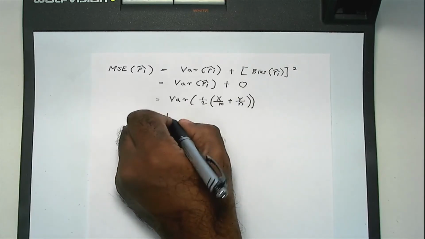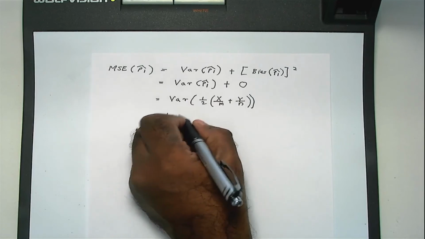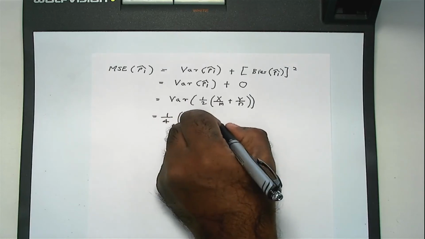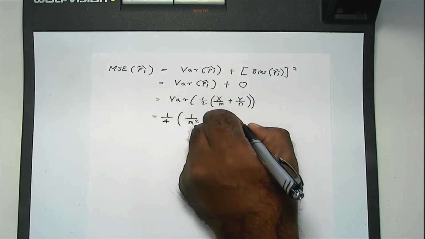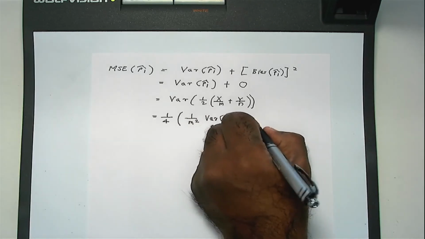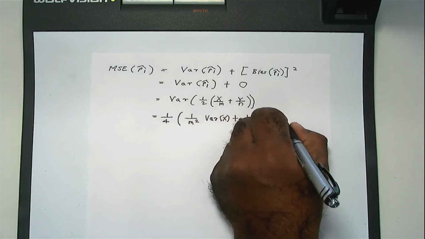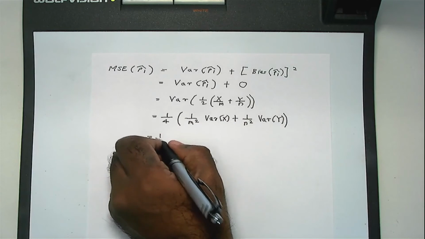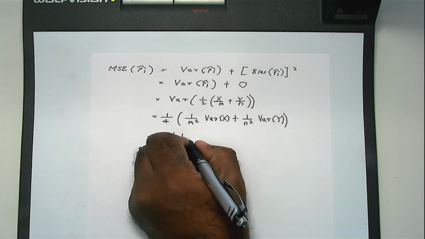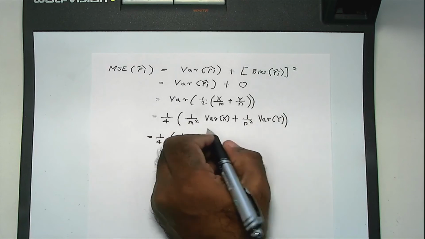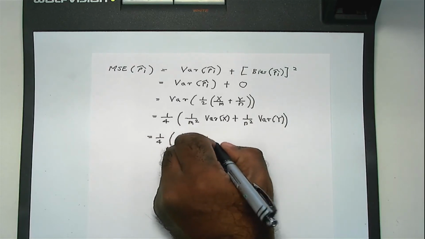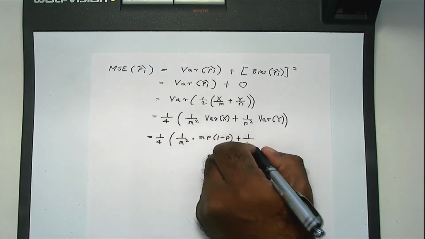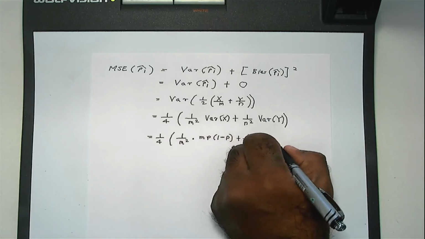So this becomes 1 over 4 in brackets 1 over m squared times the variance of x plus 1 over n squared times the variance of y. The variance of x, I'm sure all of you know, is mp times 1 minus p, and the variance of y is np times 1 minus p.